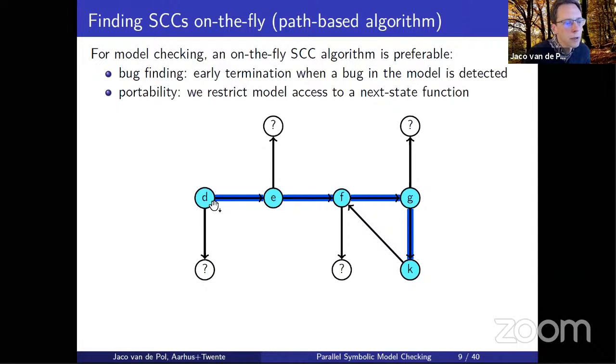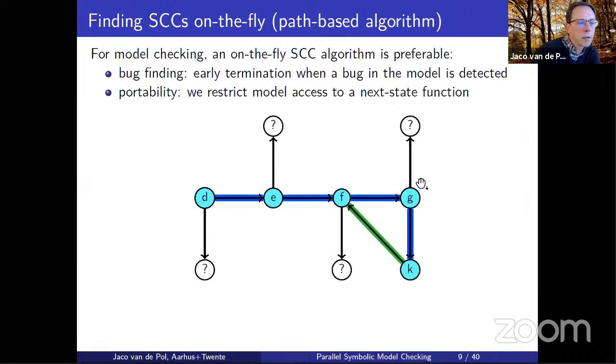Now, because we work in this depth-first fashion, we could save the path on the stack, and we could detect here that we actually have a loop. So we can detect that we visit a state that is on the stack. Now we know that these three states are at least in the same component.